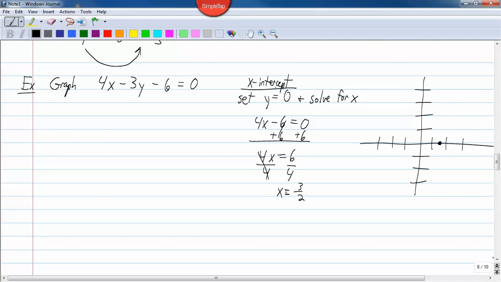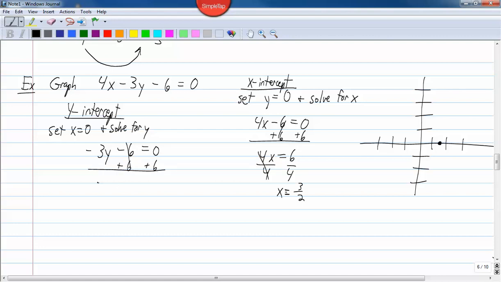To find the y-intercept, we do just the opposite. We set x equal to 0 and solve for y. So if this term is 0 here, it goes away. I have negative 3y minus 6 equals 0. So move the 6 over and divide both sides by negative 3.